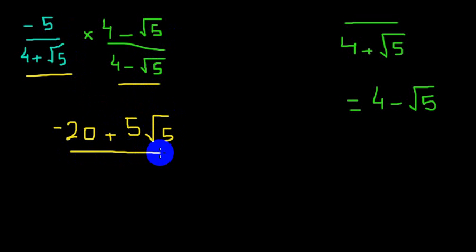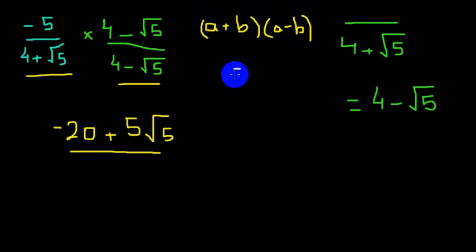Then in the denominator we have a plus b into a minus b, an expression like this, which is an algebraic formula. So a plus b times a minus b is actually equal to a square minus b square.